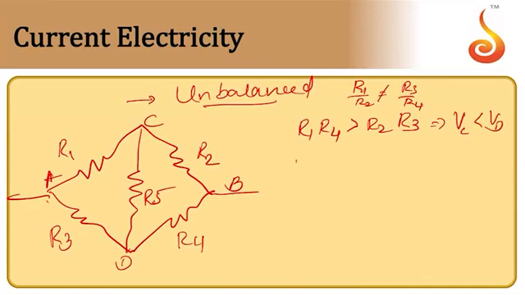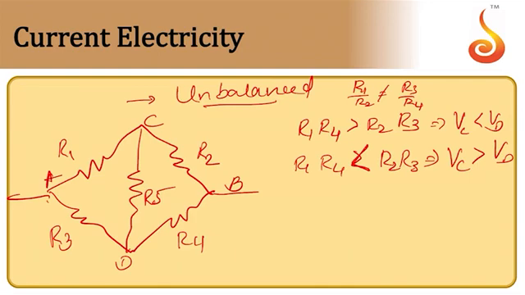If R1 R4 is less than R2 R3, then VC is more than VD. So remember this. This is a very important result. But in order to analyze these circuits, you will have to go for Kirchhoff's law.